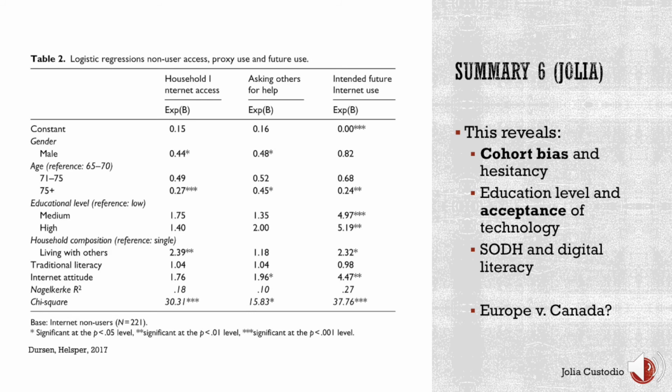Van Deursen and Helsper examined the impacts of the social determinants of health and how they've indirectly or directly impacted a senior's support, perception, and ability to integrate technology in their daily lives. As seen in the table, there was a correlation within their educational level, technological literacy, and even their household composition that has impacted their regression or non-use access.